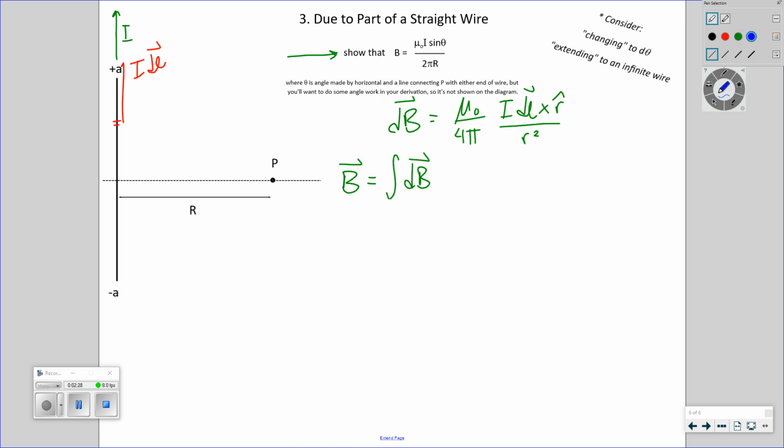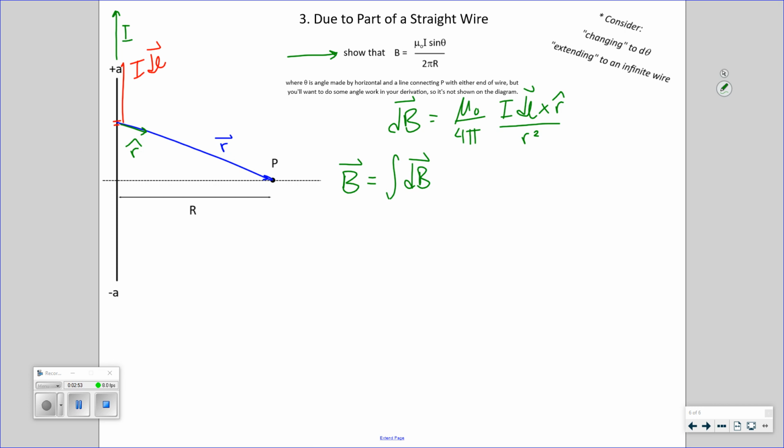To do that, we need to identify vector r that looks like this. That gives us an r hat direction that looks like that. Vector r and the r hat unit vector are not the same thing. Vector r is quite literally the vector that goes from current element to location of interest. R hat is a unit vector that just says that way.